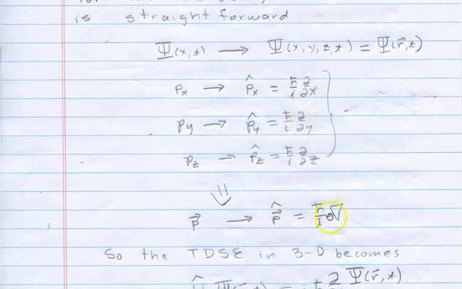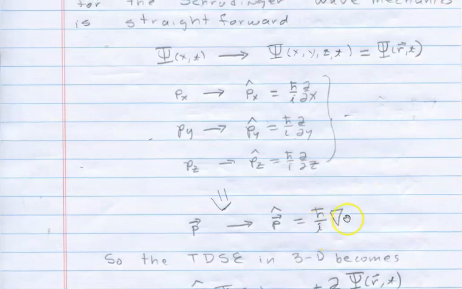So it goes over into h bar over i times the gradient operator. Again, this is a little bit more general because I can express the gradient not just in Cartesian coordinates, but also in spherical or cylindrical or a number of other coordinate systems. So a little more general notation. The momentum operator goes over into this term proportional to the gradient.